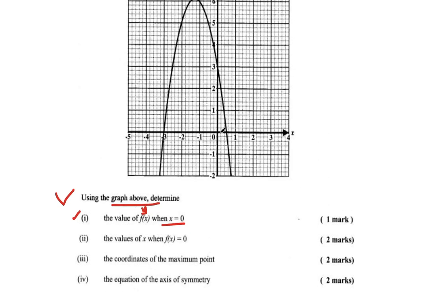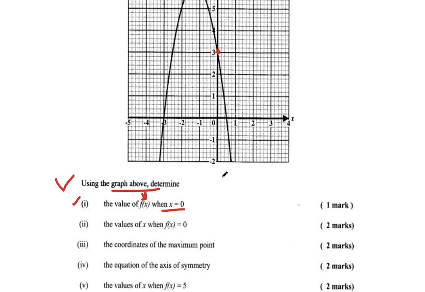So what we do is go to the x-axis here, identify 0, and go up from 0 and identify the corresponding y value, which here is 3. That is also the y-intercept of the graph. So the value of y when x is 0 is 3. So y is equal to 3, and that's the answer.